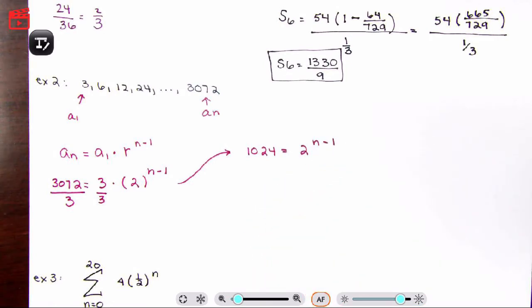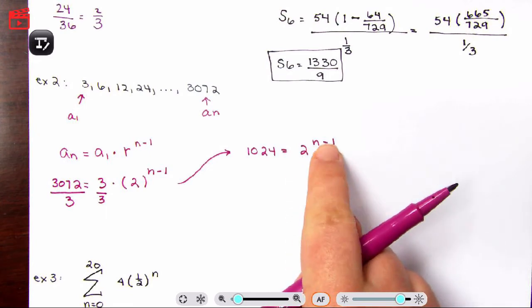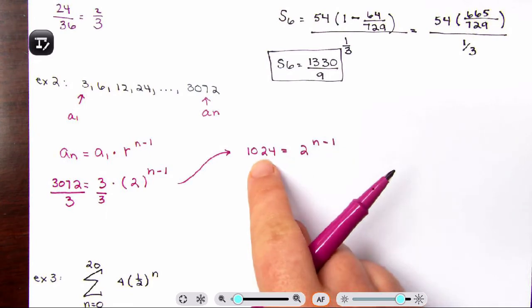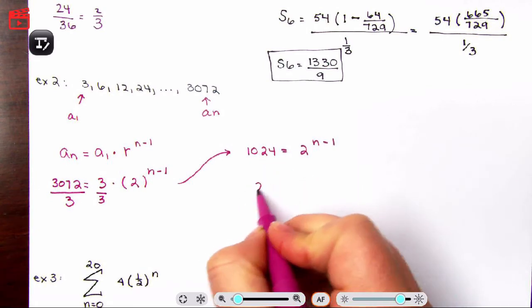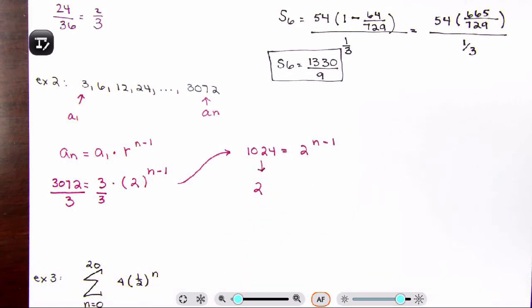Now, here's the trick, you guys. You can separate this out, but this is going to be your one-to-one property. You're basically saying 2 to what power minus 1 is 1024. So you're going to do a little game, and you're going to say 2 to what power is 1024. So I'm just going to do just kind of off the top of my head.